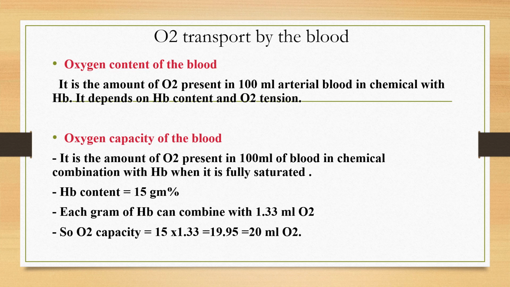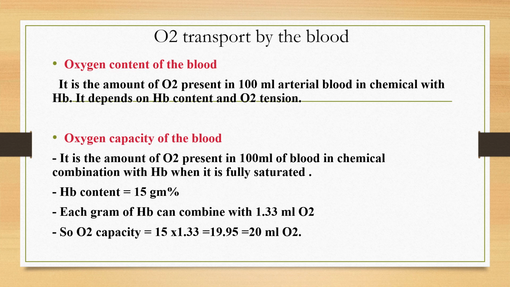Hemoglobin content is 15 gram percent on average. So we calculate the 15 gram percent multiplied by the amount carried by each gram of hemoglobin, which can carry 1.36 ml of oxygen. So 15 multiplied by 1.36 equals around 20 ml of oxygen.